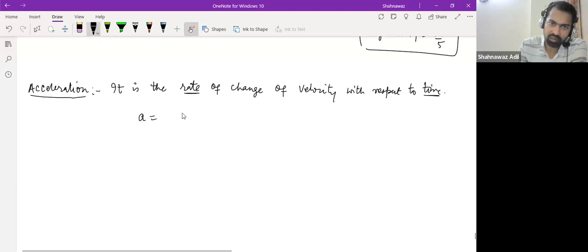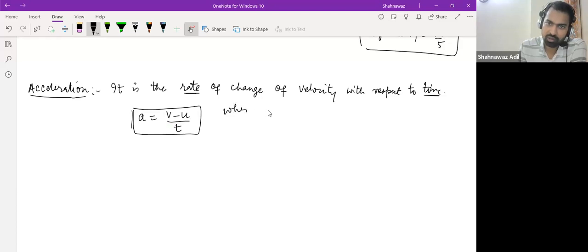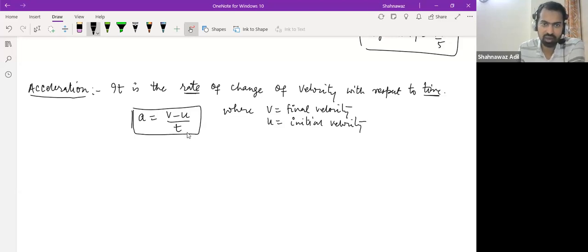This is v minus u by t, the rate of change of velocity. Here v is the final velocity, u is the initial velocity, and t is the total time taken. I can write this as t2 minus t1, but let's say that I start from 0. So t is the total time taken.